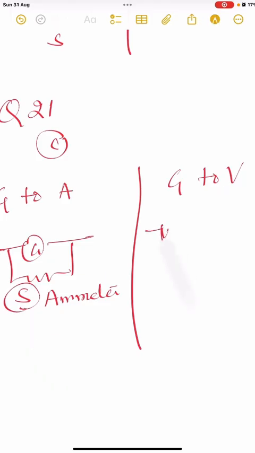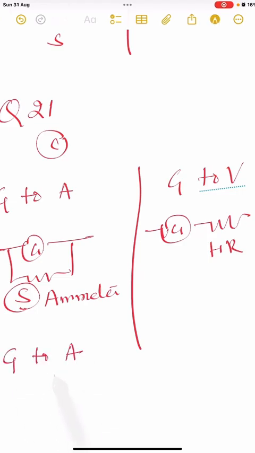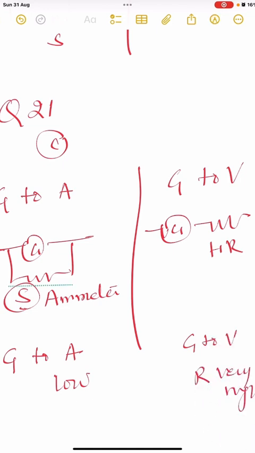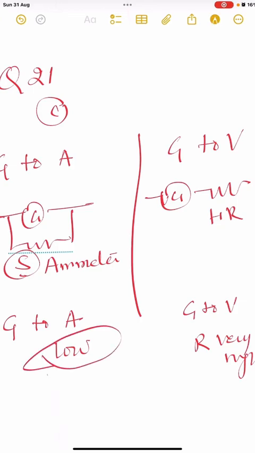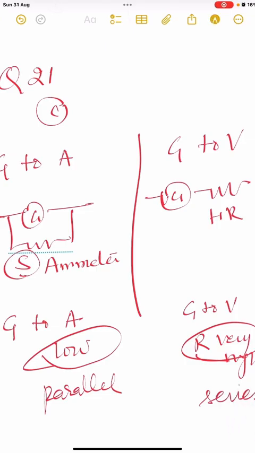And galvanometer can be converted into voltmeter by connecting a very high resistance in series to it. So what is the comparison of these two resistances? Resistance in case of galvanometer to ammeter is low, and galvanometer to voltmeter resistance is very high. This low resistance is connected in parallel to the galvanometer and this high resistance is connected in series. So this is how you can compare.